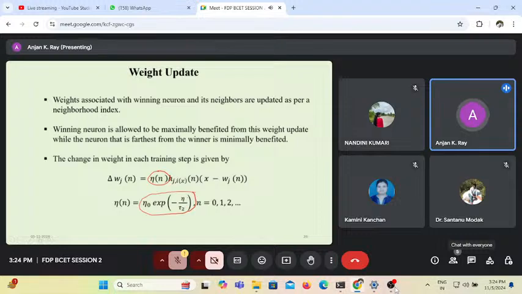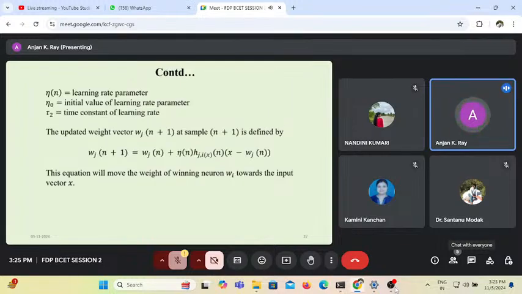But you are not restricted to use this function. As I said, this is a kind of classroom interaction, but if you are doing some research work and your work requires some other activation and some other learning rate, you can choose. Each weight is updated based on this learning rate, this neighborhood function, and also the distance from the input to its weight, component wise.